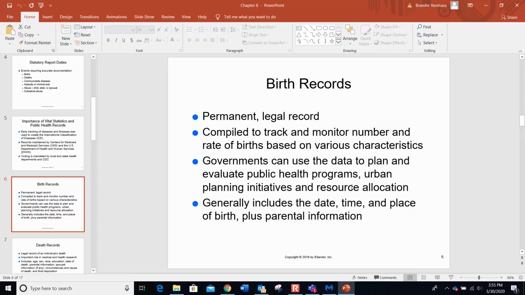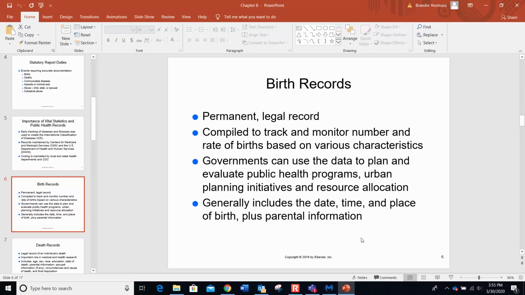The government can use this data to plan and evaluate public health programs, urban planning initiatives, and resource allocations. So this is helping us to know where the monies that we're paying in taxes are going to be used and where they're most appropriately used. And this generally includes the date, time, and place of birth, plus the parental information.